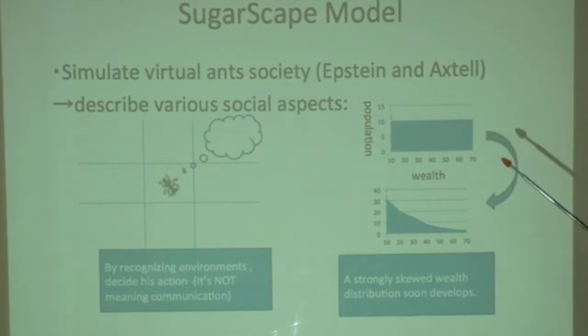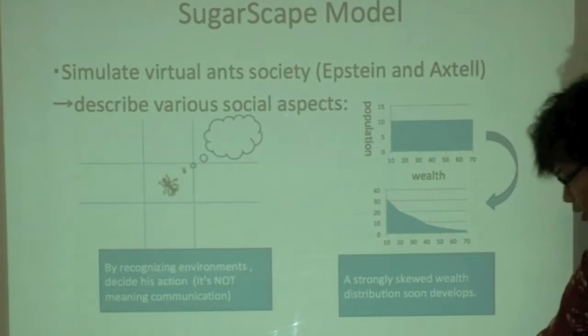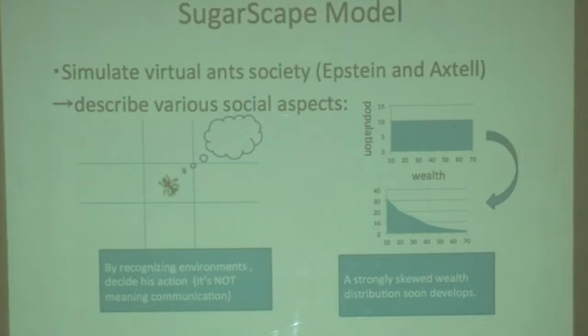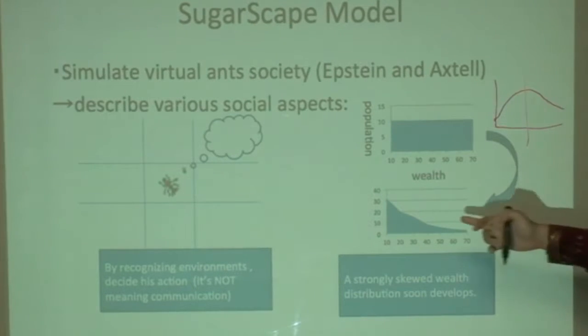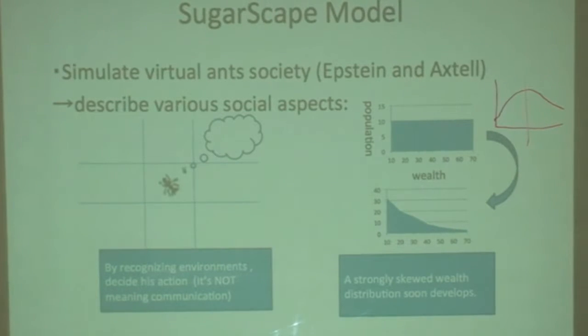First, in this graph, such a flat wealth distribution in the population is an extreme example. Maybe this graph is the real one. This is symmetrical wealth holdings, but running the simulation, it becomes skewed like a human society.